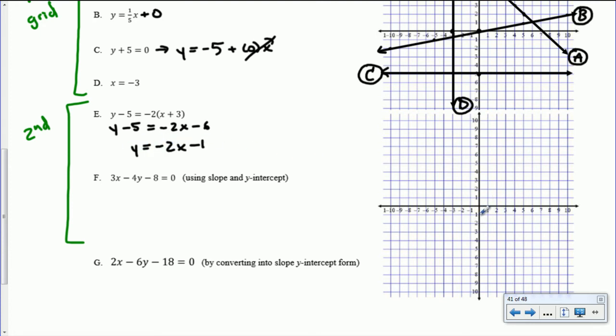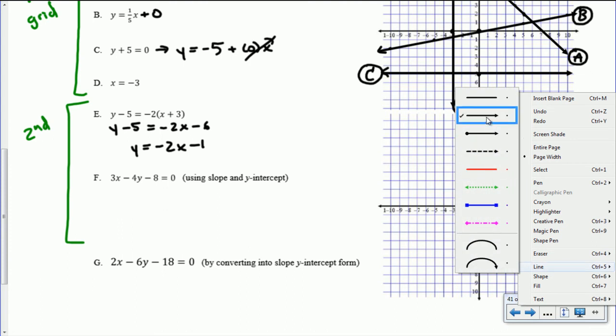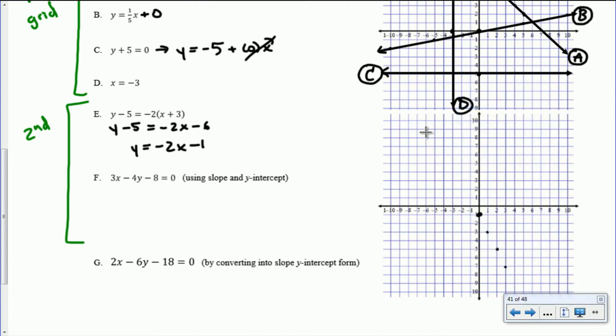So minus 1 is the y-intercept. Negative 2 is the slope, so down 2, right 1, down 2, right 1, and so on. Draw a line through them. Just shift that a little bit. That looks about right. So that is E.